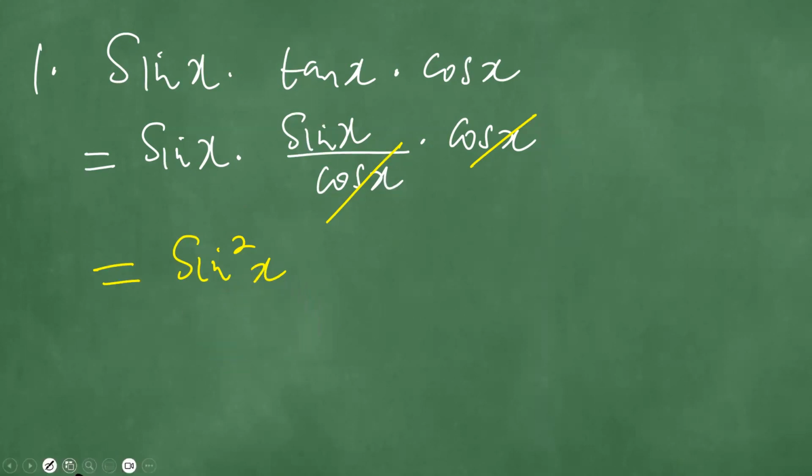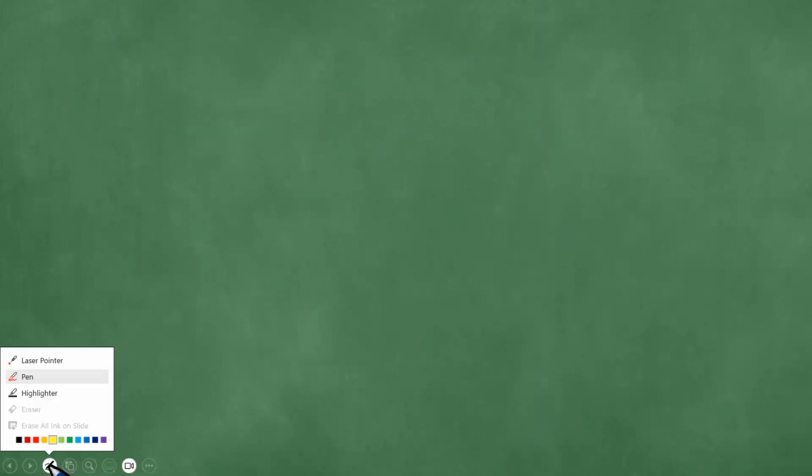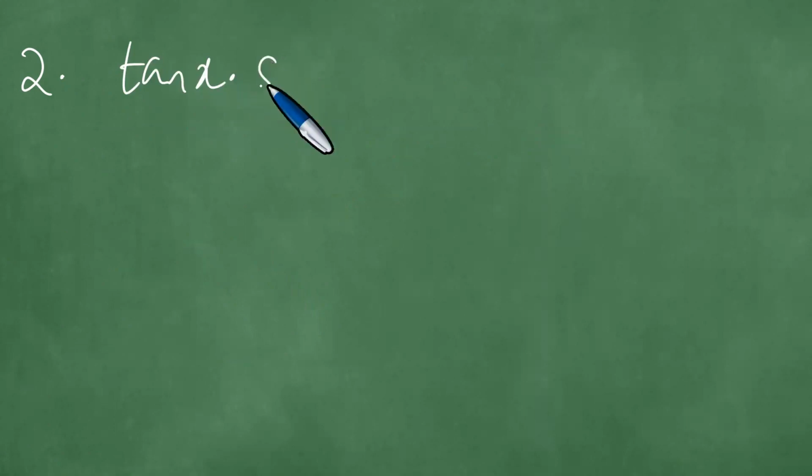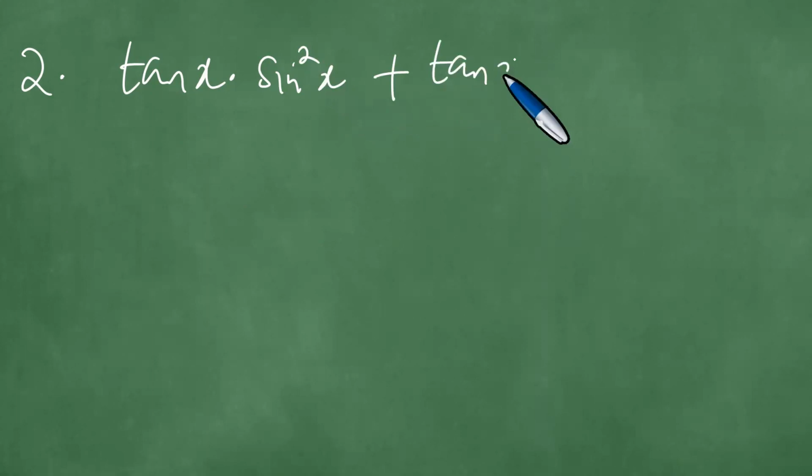Number 2 is very straightforward, but very important. I'm giving it to you, so please pay specific attention and give it all your strength. Tangent of x times sine squared plus the tangent of x multiplied by cosine squared x.